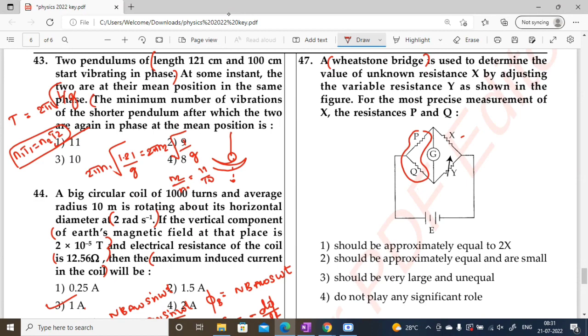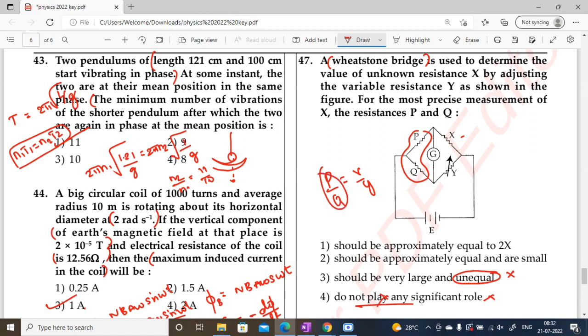So when I check this, I'm trying to eliminate options. They should not be unequal because P by Q should be the same. The P by Q ratio should be equal because this should be equal to X by Y. This is the relation for my bridge balancing. If P and Q are unequal, they cannot be balanced, right? So this is not right, and the claim that they do not play a significant role is also wrong. They play a significant role because this ratio is important to balance the bridge.